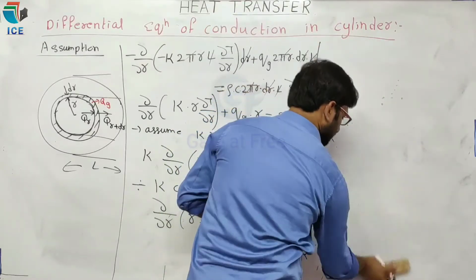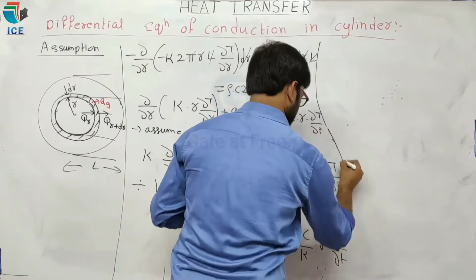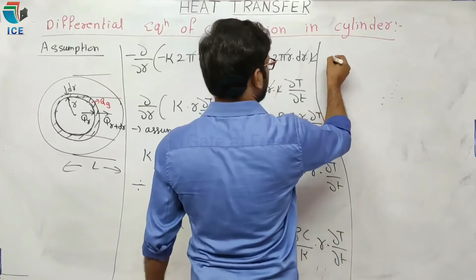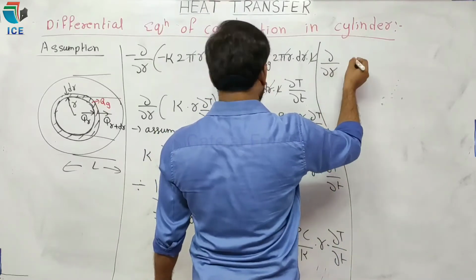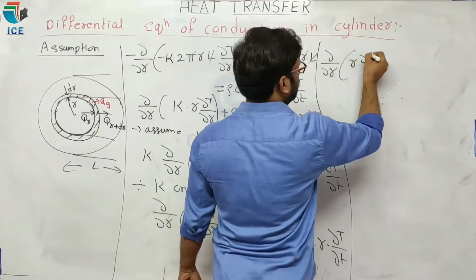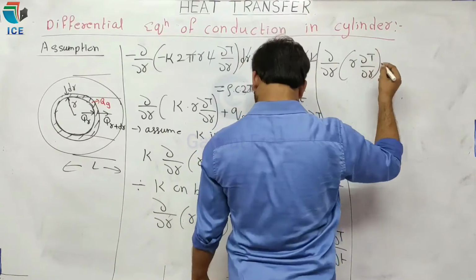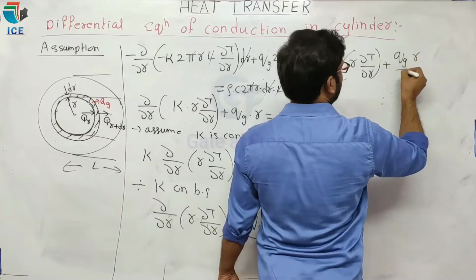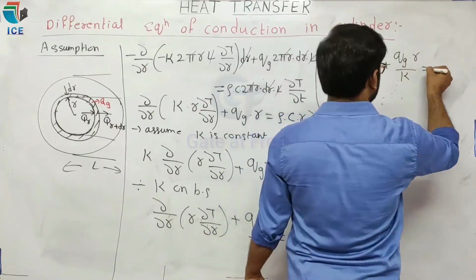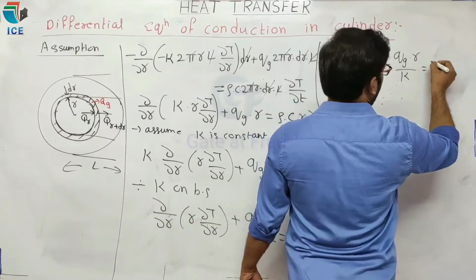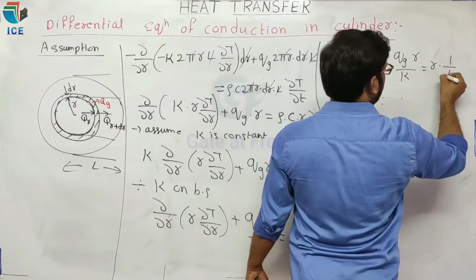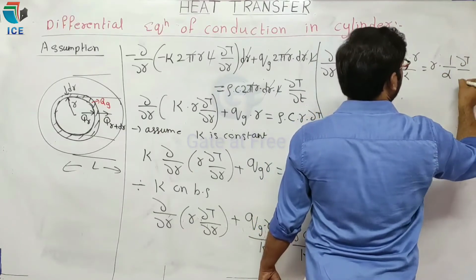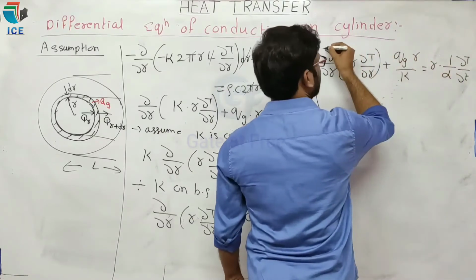Therefore, dou by dou r of r dou T by dou r plus qg r by k is equal to r into 1 by alpha dou T by dou t.